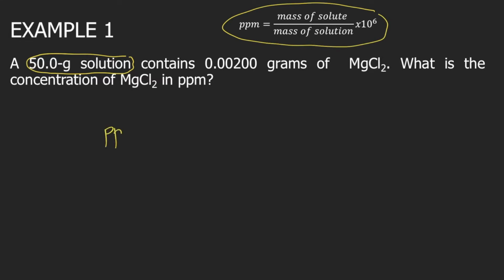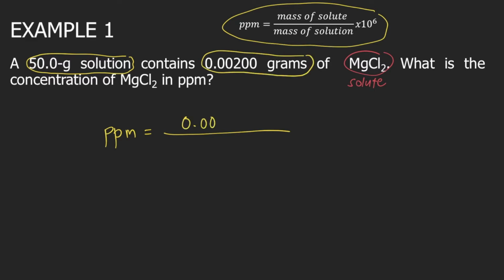So ppm is equal to mass of solute. Our solute is MgCl2. So the mass of our solute is 0.00200 grams, divided by the mass of solution, which is 50 grams, times 10 raised to 6.